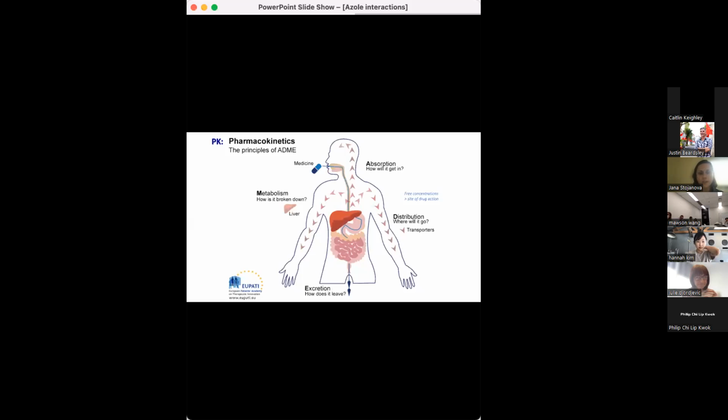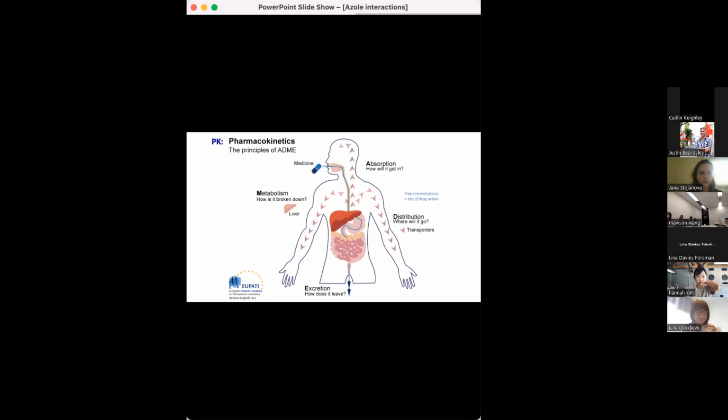Transporters can be important for tissue penetration, and again, this can have genetic differences in the concentrations observed. Some drugs bind to plasma proteins, which is important as only the free drug concentration influences the final effect. And finally, we have excretion, which is predominantly through urine, either as a parent drug or metabolite. And excretion can also be through bile and feces as well.